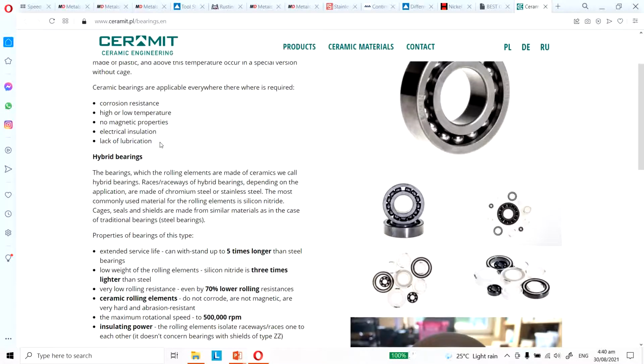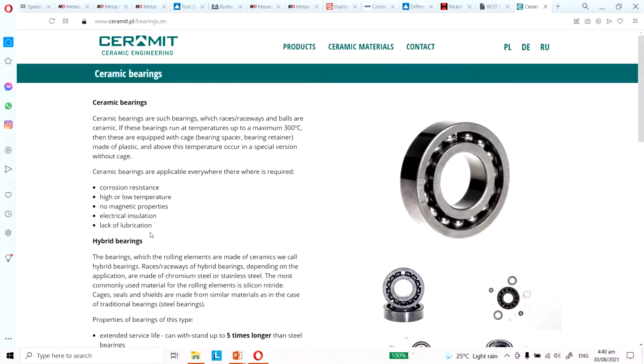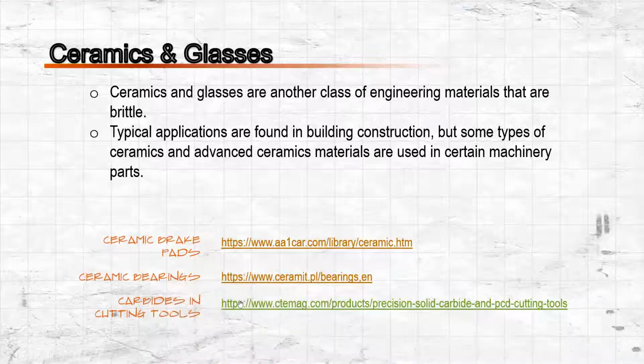Whereas for steels, you would need lubrication, and you would also have problems if the application is exposed to, let's say, high or low temperatures, and also the problem of corrosion. So there are advantages for these ceramic materials.